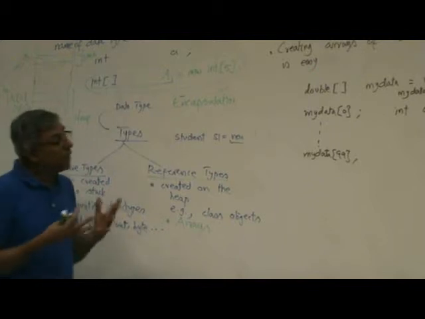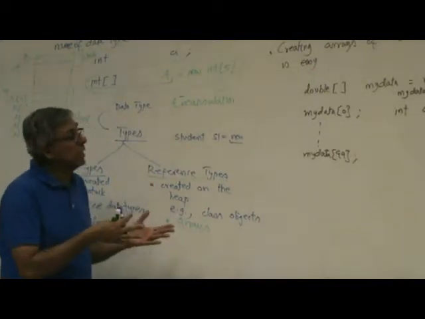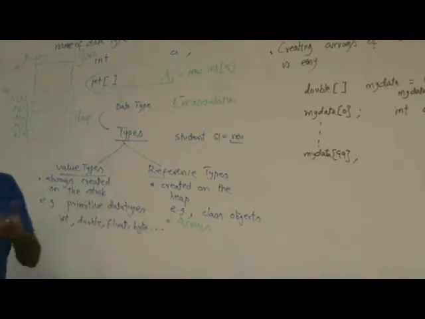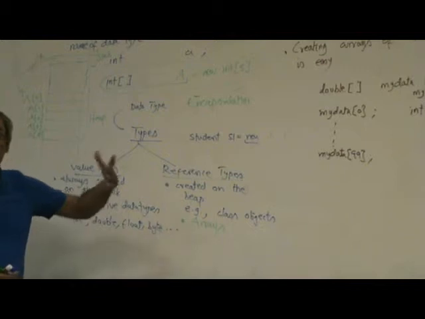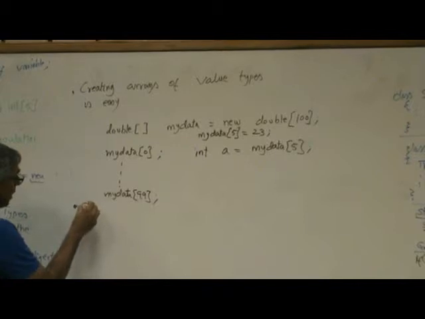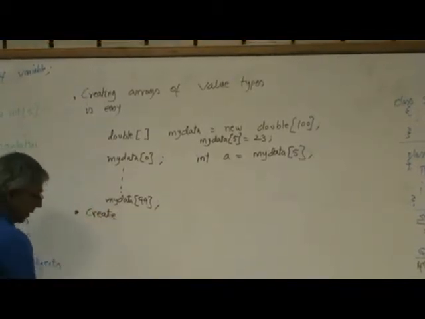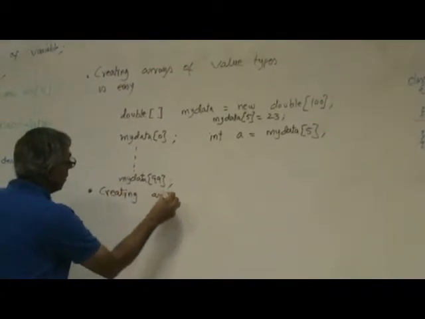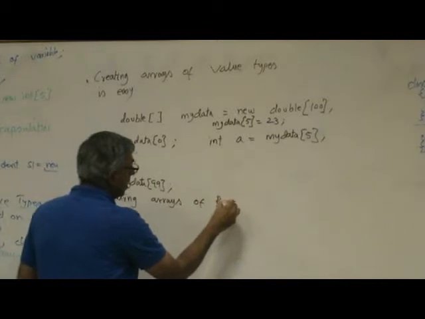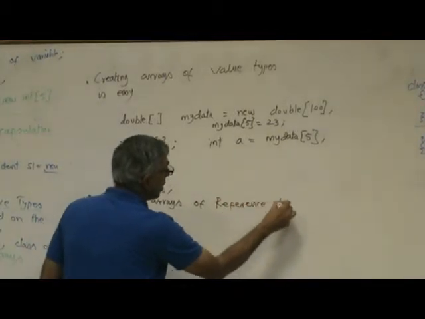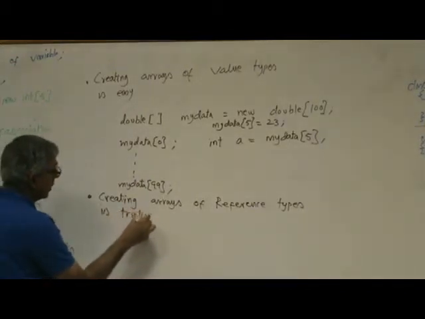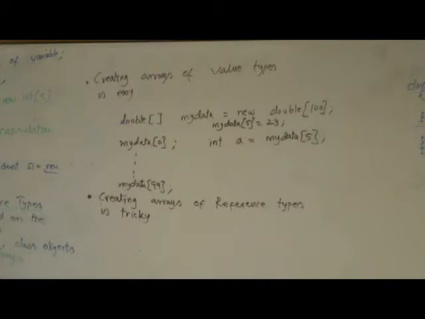So it's like the heap being used twice: one to create the memory for a class object, second time to create the memory for the array itself. That's why you should be very careful when creating arrays of reference types. It is tricky. Same for Java, same for C#, no difference.